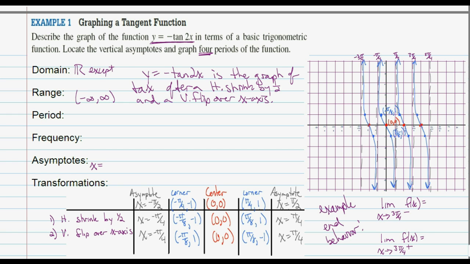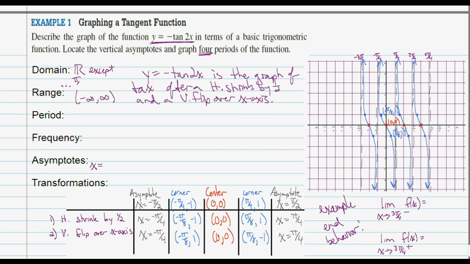Now, the domain values left out here. Well, the two asymptotes we got were negative pi over 4 and positive pi over 4. So then continuing with that pattern, I see 3 pi over 4, 5 pi over 4. So again, you can pick any 3 values you want as long as you show that this is an infinite pattern with your 3 dots in the front and 3 dots in the back.